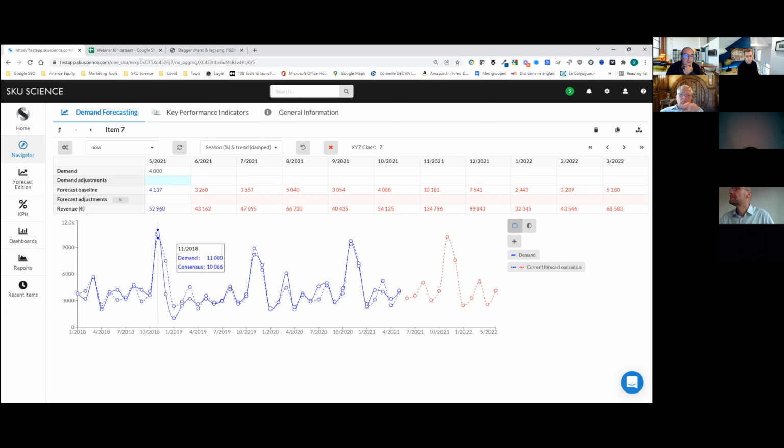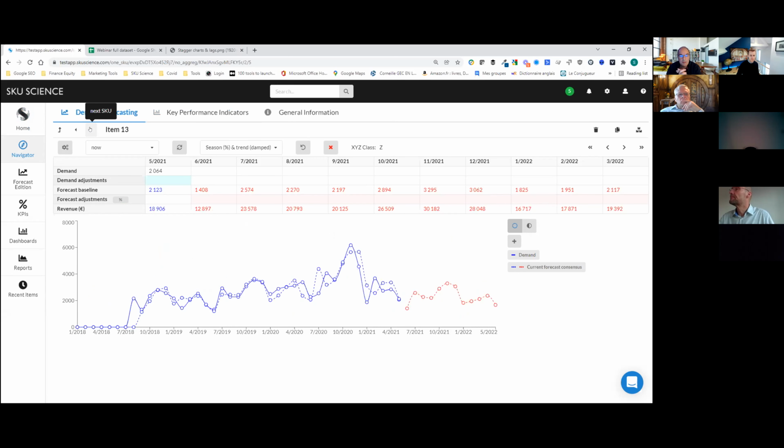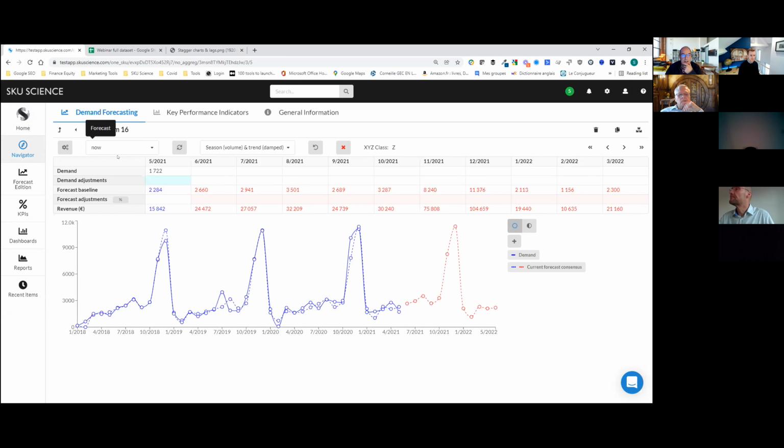As you can see, there is a lot of variation, and as Nicolas mentioned, this is only based on historical data, but at least you can see how the tool, based on those class computations, puts this particular item in this particular category.